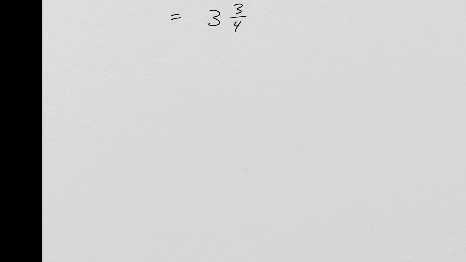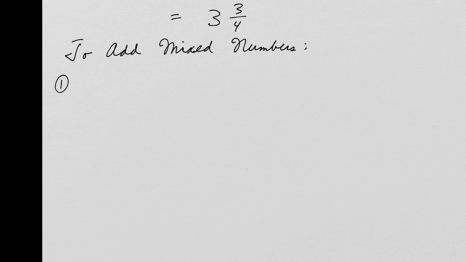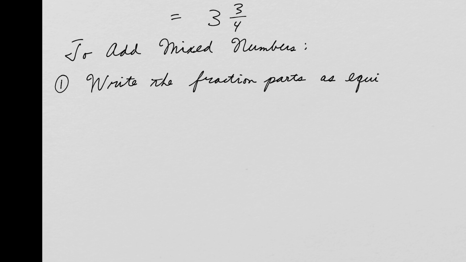To add mixed numbers, first step, write the fraction parts as equivalent fractions with the same denominator.